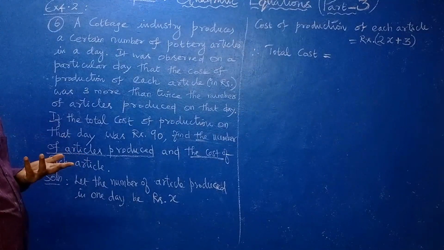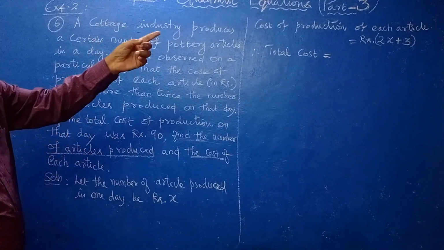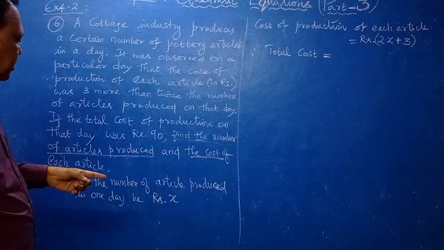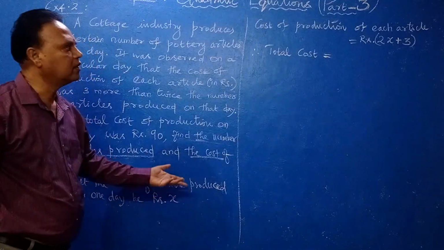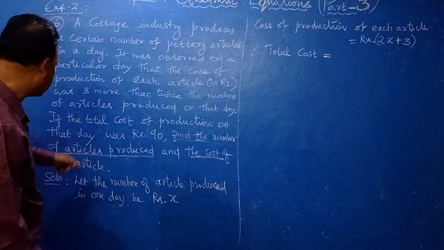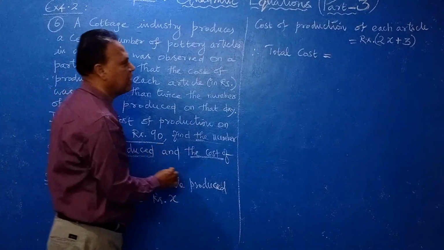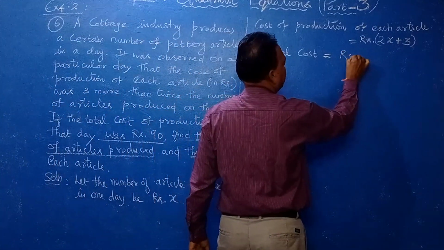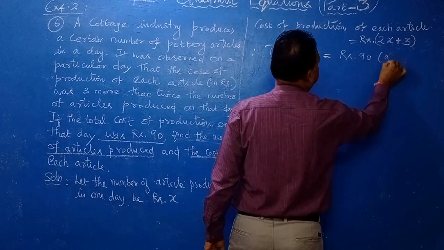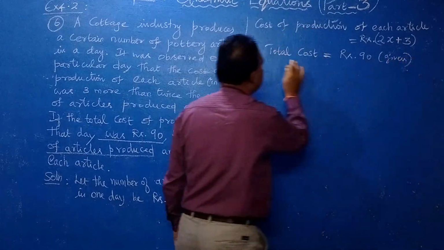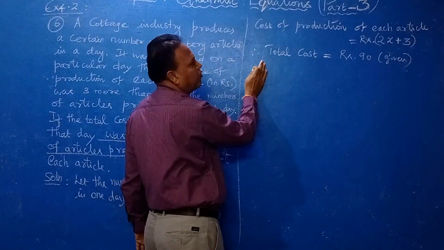Now total cost is nothing but cost of each article into number of articles. Here the total cost is given, rupees 90. So how will you write the total cost?